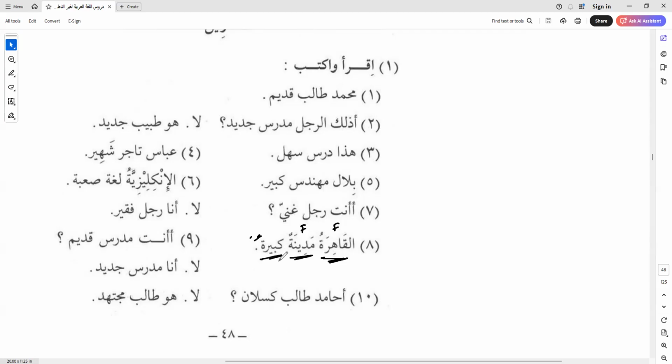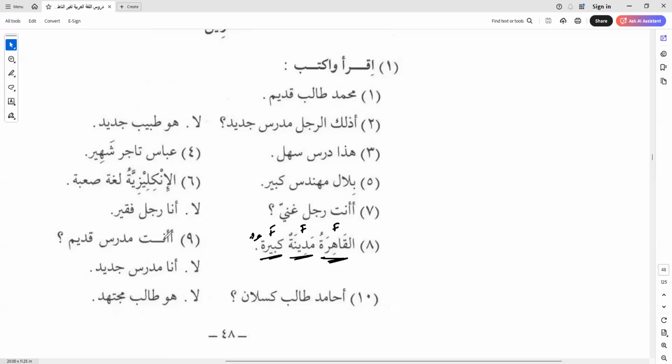Madinatun, feminine. Kabiratun, feminine. So the noun that the kabirun is describing, Madinatun, is feminine. So therefore, the adjective must be feminine. Al-Qahiratu madinatun kabiratun.